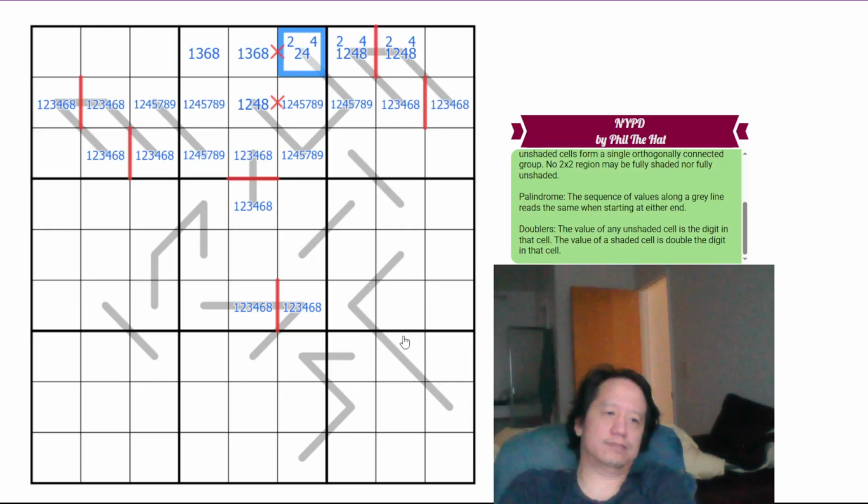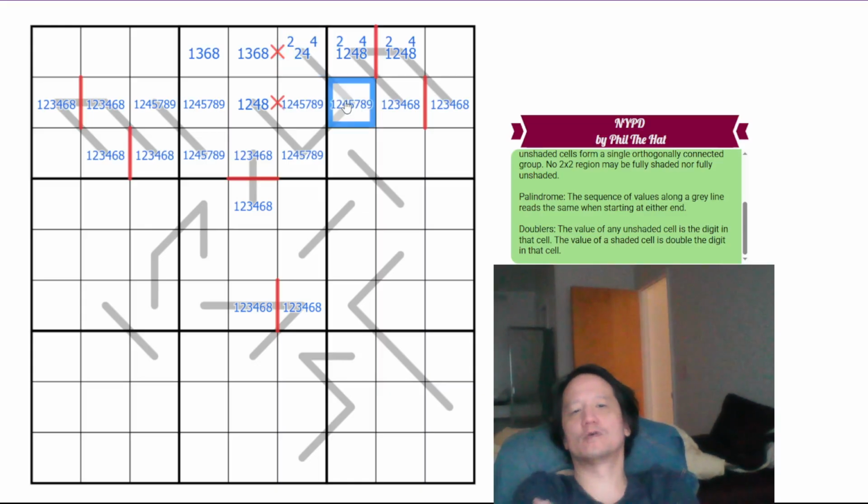So these are obviously different shadings. If this is the same four, the thing is that.